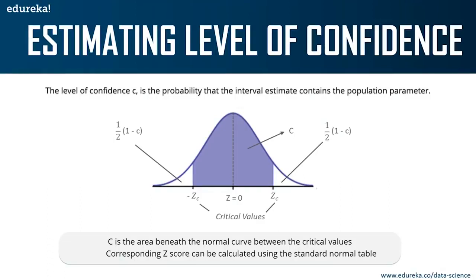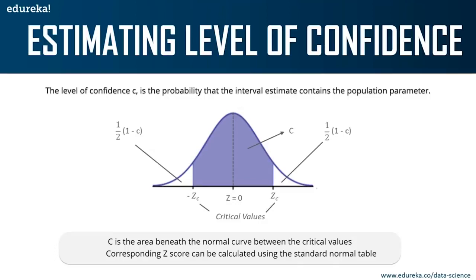So this interval between minus ZC and ZC, or the area beneath this curve, is nothing but the probability that the interval estimate contains a population parameter. It should basically contain the value that you are predicting. Right? Now these are known as critical values. This is basically your lower limit and your higher limit confidence level.